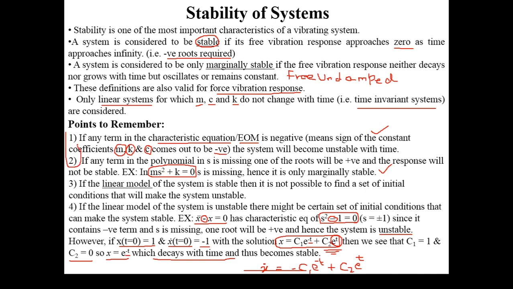Whenever we are trying to check the stability of the system, we have to focus on these 2 points. There should be no negative sign in the equation of motion or the characteristic equation, and the polynomial in S should be complete. These are the important points to keep in mind while we are looking at the roots of the equation of motion, and while we are trying to analyze the stability of the system.